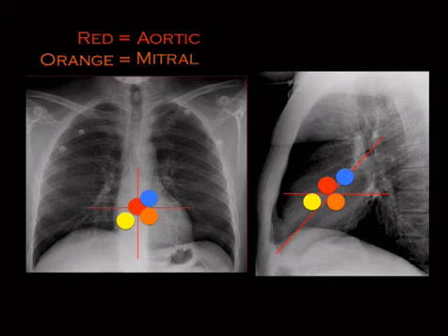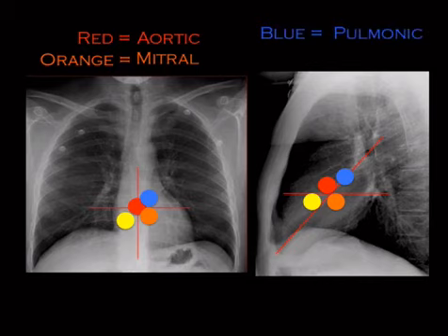The most superior one is blue, and it's sometimes asked like that. What is the most superior valve? And this is pulmonic. And then lastly, what is the most inferior? And that's tricuspid. So try to remember that tricuspid is the most inferior.